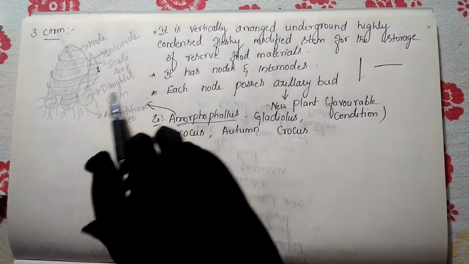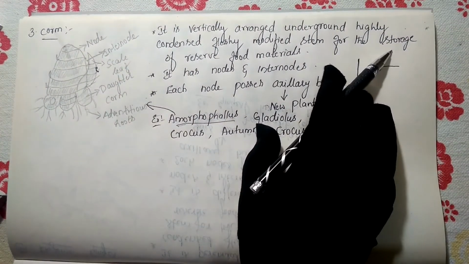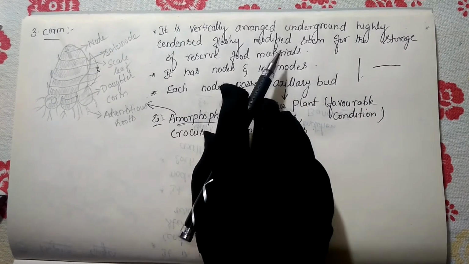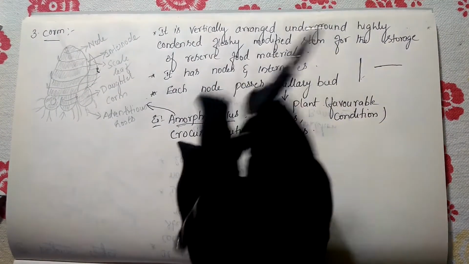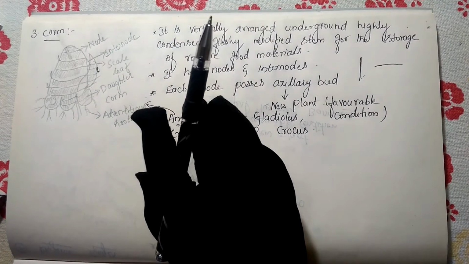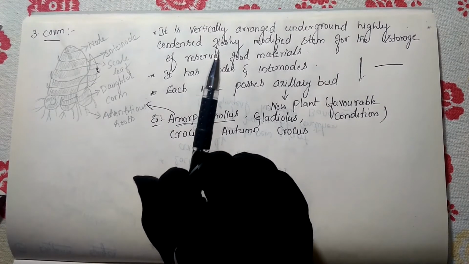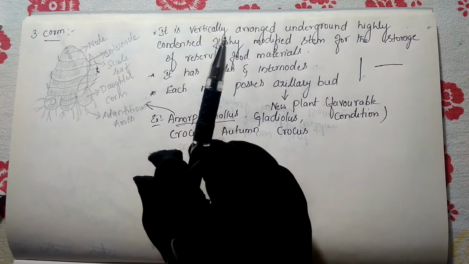It is also a highly condensed fleshy modified stem. Actually this is a stem, but it has performed the role of storing reserve food material. Usually in other plants the stem holds all the leaves, flowers and branches, and it is erect and stiff to hold all the body parts.